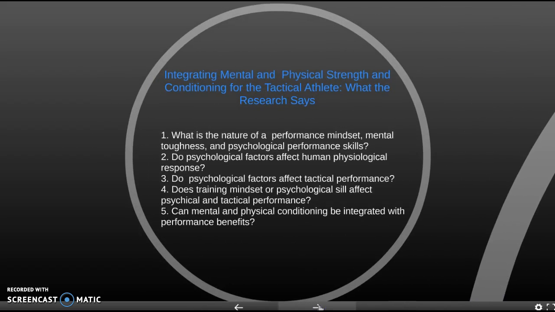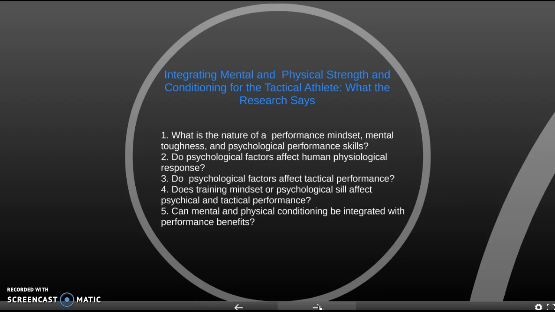Now, a lot of people may not think about mental and physical strength as a component to overall evaluation, treatment, and diagnosis, but I thought it was interesting that we don't use more of, like, mental imagery, positive thinking, positive language when we're working with people with rehabilitation.